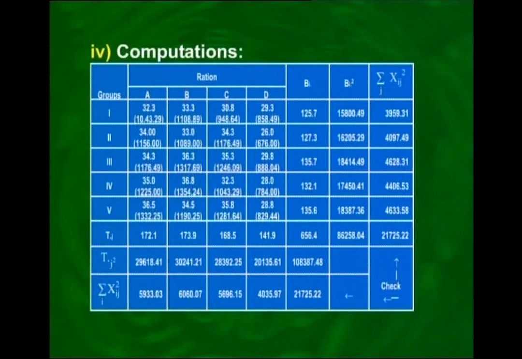The row under the data values and their squares is T dot j, the sums of the various columns T dot 1, T dot 2 and generally T dot j. Similarly, the column to the right of the data values is denoted by bi dot, and these are the sums of the various rows b1 dot, b2 dot and generally speaking bi dot.